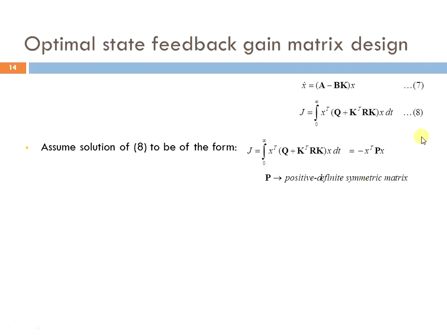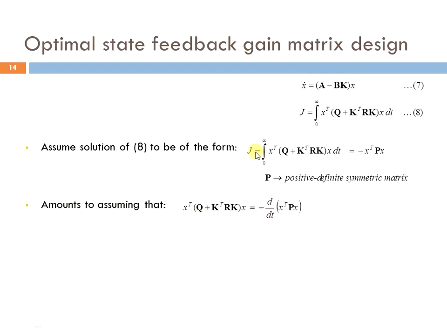In this case, P is a positive definite symmetric matrix. So if we apply the differential operator to both sides of this expression, then we end up with this expression.